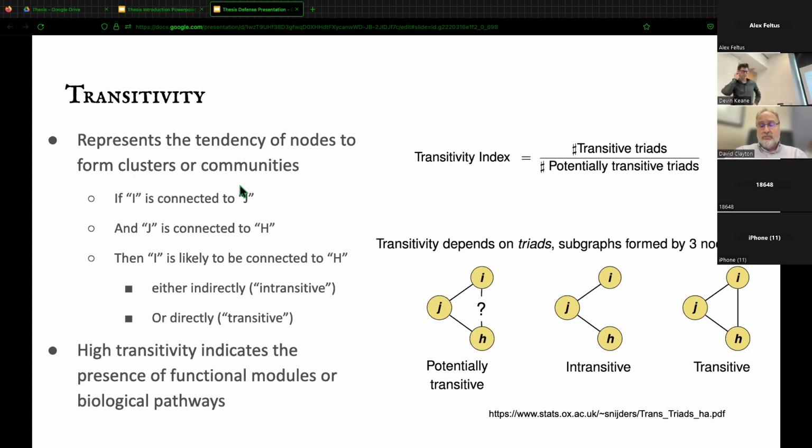Next, there's this metric called transitivity, which describes the general tendency of any given 3 nodes to form a triangle, or a transitive triad, as we call it.